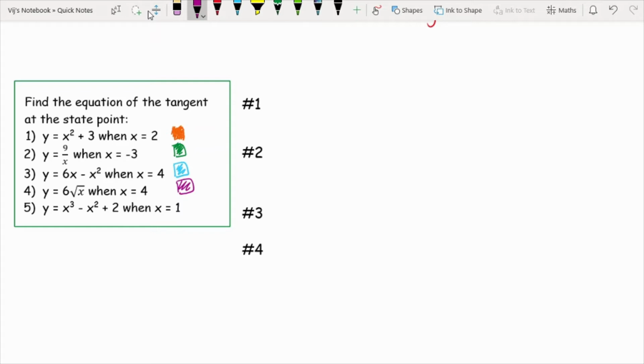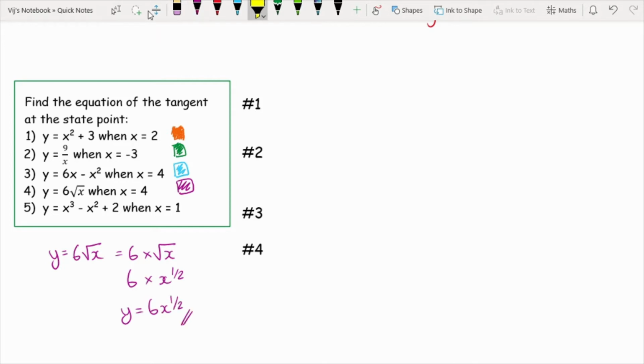So as I've got a square root, I probably need to do some rewriting in terms of using indices. So 6 root x is the same as 6 times root x, and if you remember in terms of indices, I can write that as 6 times x to the power of half. So the equation I need to work with is 6x to the power of a half.